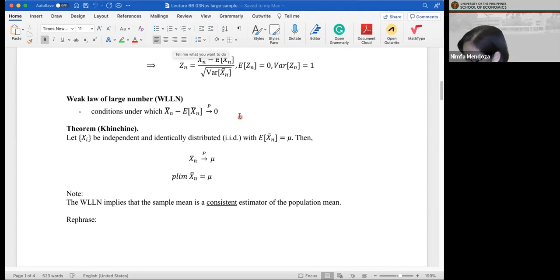So this also implies that X bar sub n approaches in probability the expected value of X bar sub n.